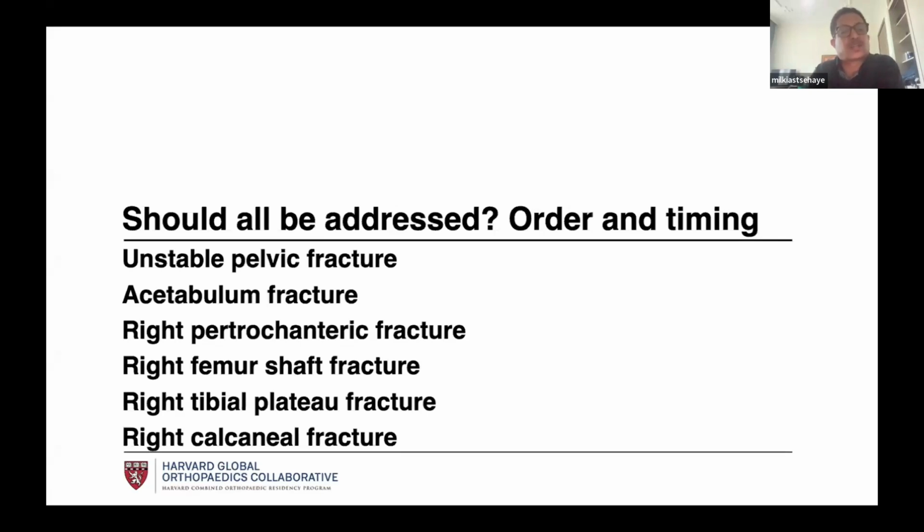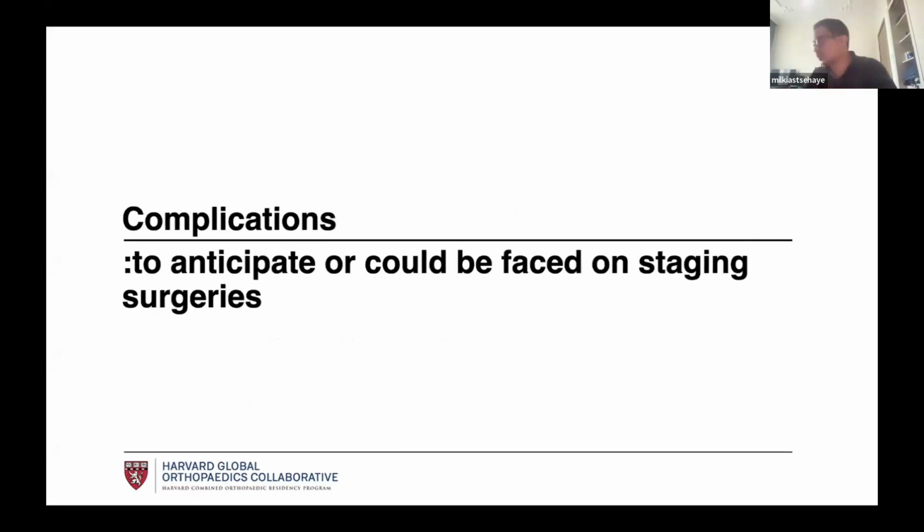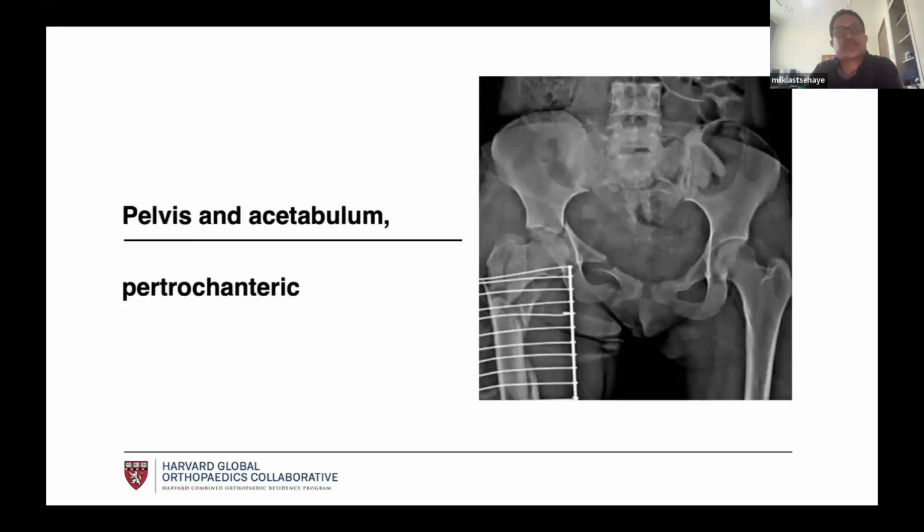She had quadrirami and sacral fractures, and a right femur shaft segmental fracture. She also had a right tibial plateau and right calcaneal fracture. Other things I would like to raise are what complications to anticipate, or what complications we could face on staging the surgeries.